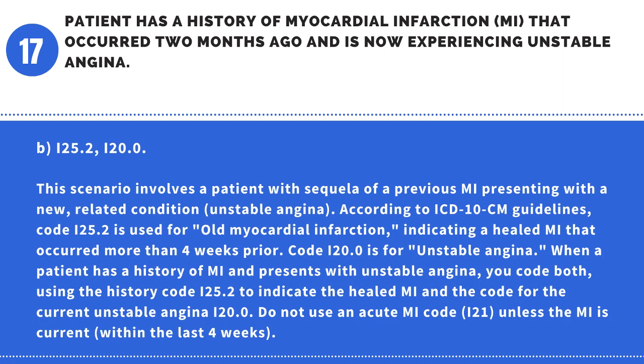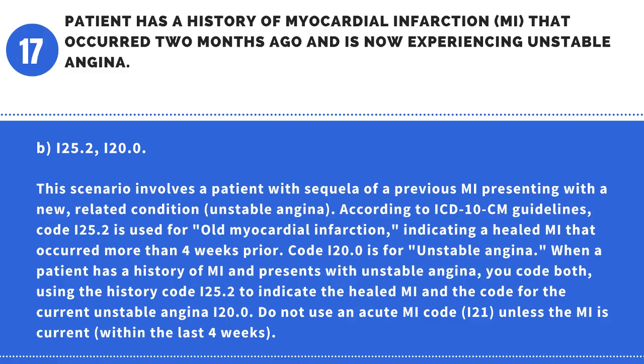Answer: B. I25.2, I20.0. This scenario involves a patient with sequela of a previous MI presenting with a new, related condition, unstable angina. According to ICD-10-CM guidelines, code I25.2 is used for old myocardial infarction, indicating a healed MI that occurred more than 4 weeks prior.